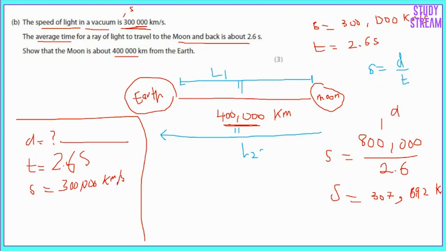So what is the distance if you multiply? 780,000. Okay, and then divide that by 2 because we said it's 2 L's. 390,000. Okay, so 390,000 is very close to 400,000. So that's another way to solve it too.